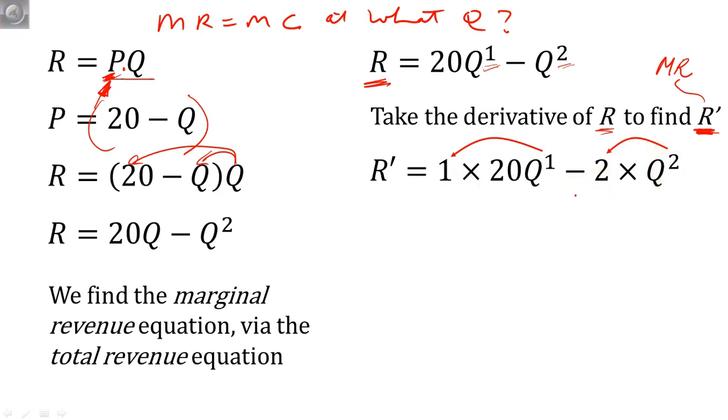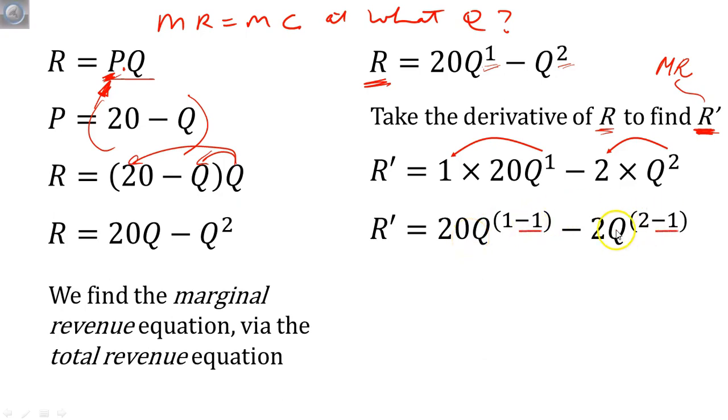That's the first step. The next step is we want to deduct 1 from the powers. Deduct 1 from here, 1 minus 1, to give us 0, and 2 minus 1. So then we're left with this thing here.